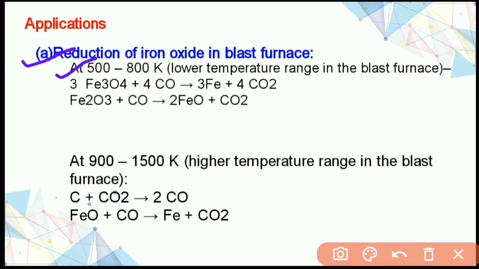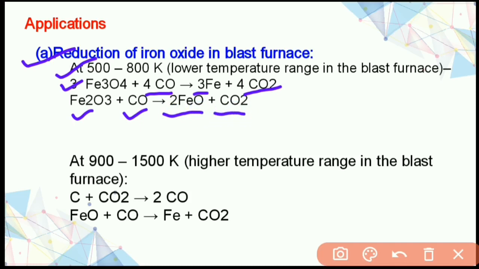The ore of iron, magnetite, when reacted with carbon monoxide as a reducing agent, gives 3 mole of iron and 4 mole of carbon dioxide. And when the ore of iron, hematite, reacts with carbon monoxide, it gives 2 mole of iron and 3 mole of carbon dioxide.